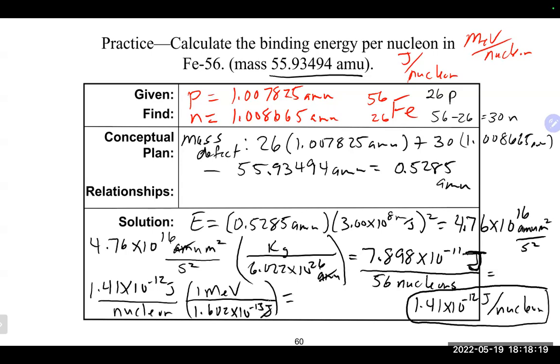That is going to cancel out our joules here, which gets us 8.804 mega electron volts per nucleon. Again, give or take, depending on where you round it. Any questions on going this way?